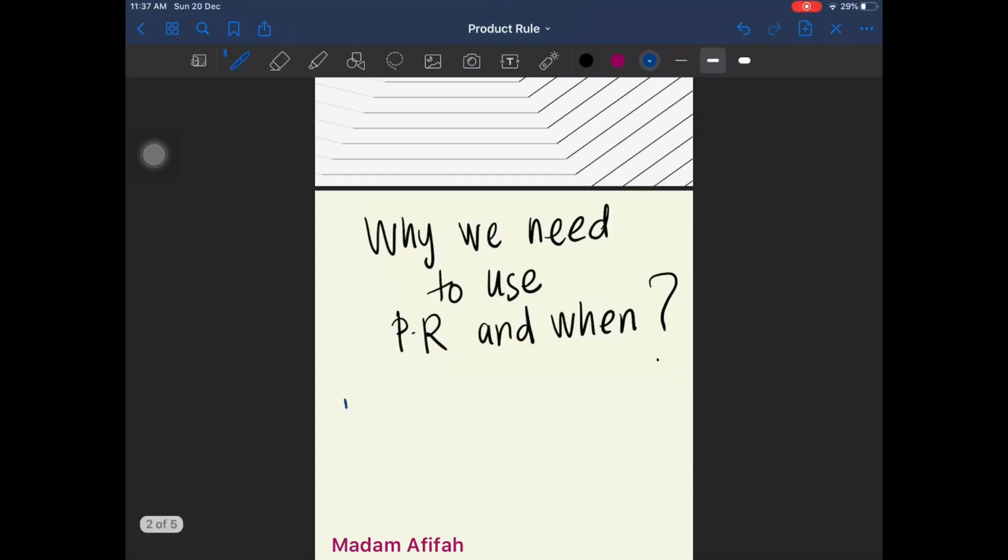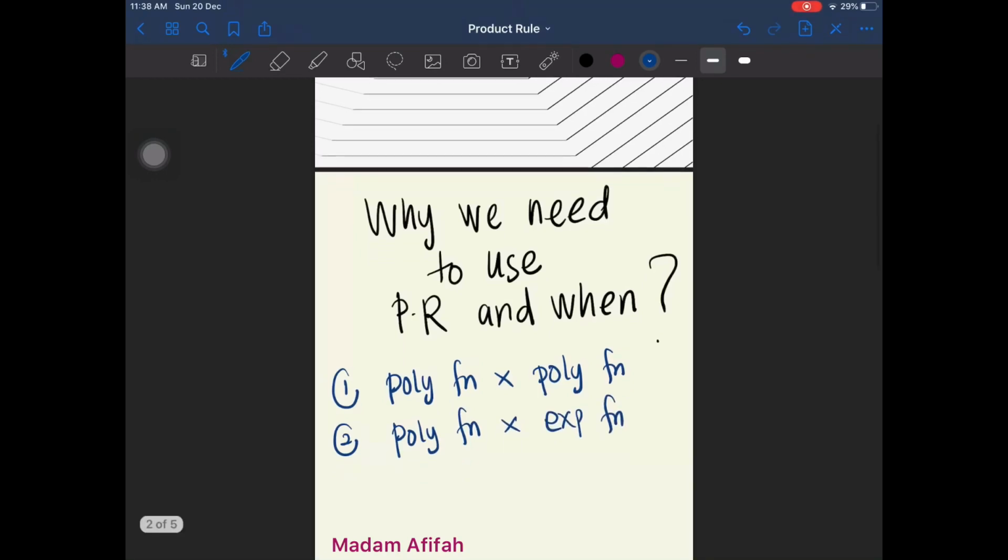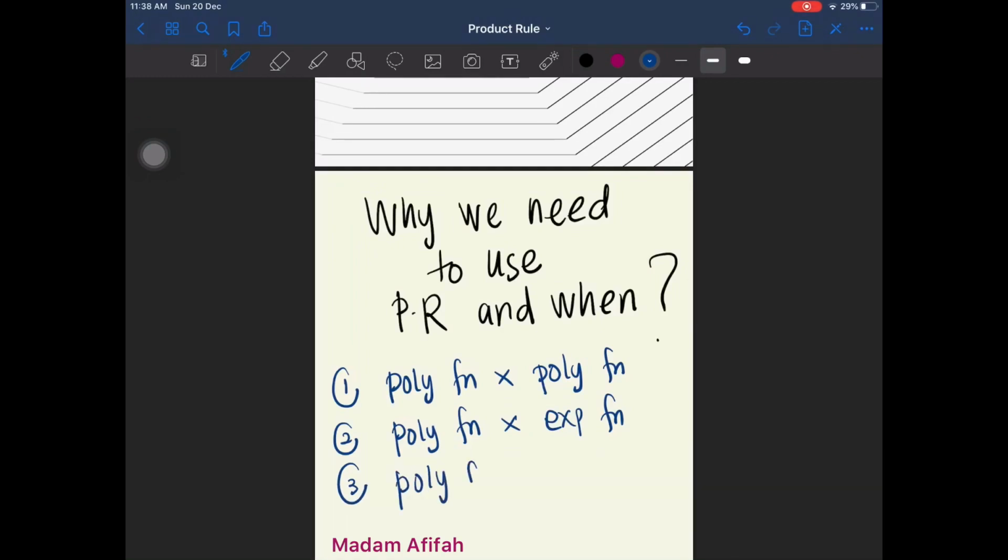Those two functions can be a polynomial function with a polynomial function. The second one is the multiplication between a polynomial function and an exponential function, or a polynomial with a trigonometric function.